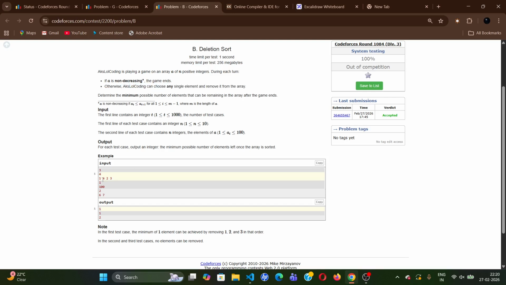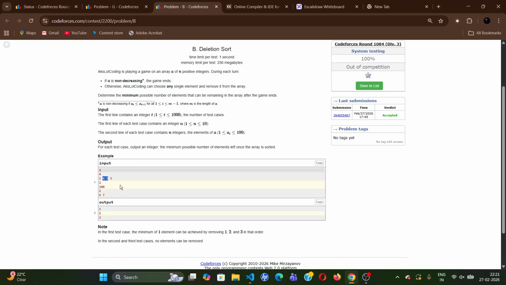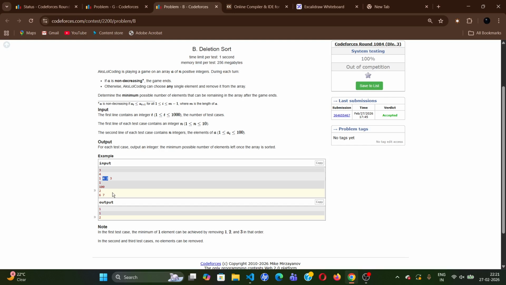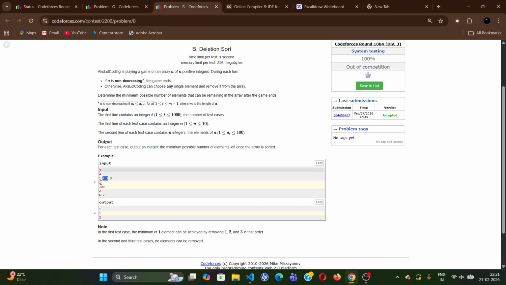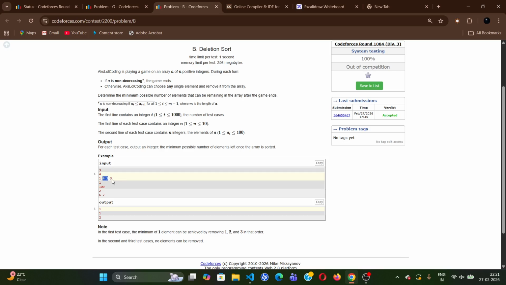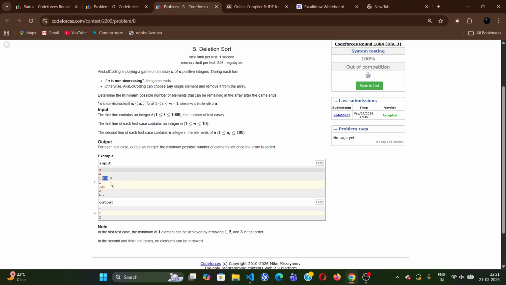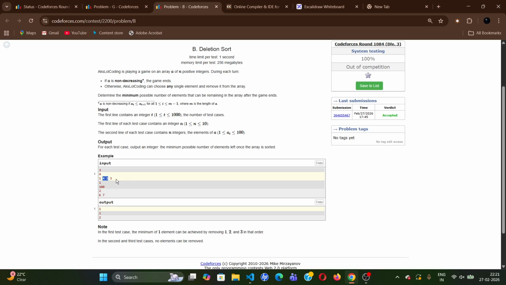So if like 4 2, it is a non-decreasing part. Sorry, it is a decreasing part. So you keep this part and delete every other number like 3 1. Then you delete one number from here also, like 2. So the whole array becomes a single number. That is why if any such inversion exists, then the answer will be 1.